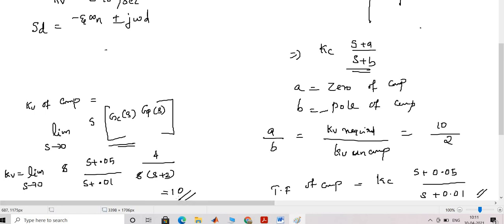So that means our steady state specifications are satisfied. By designing a lag compensator, our steady state specifications are also satisfied. So this is the design procedure for designing a lag compensator using time domain approach. Thank you.